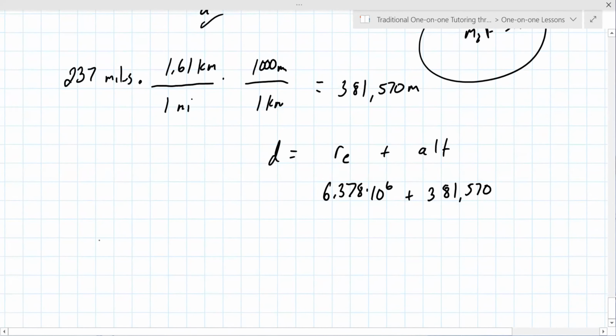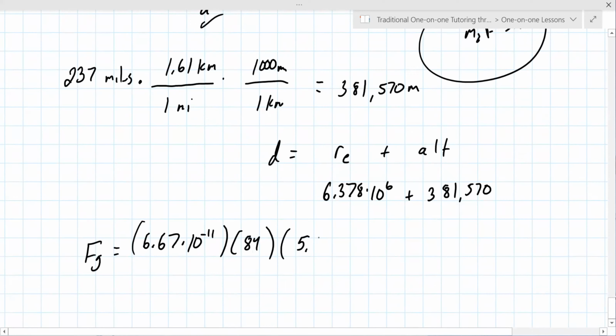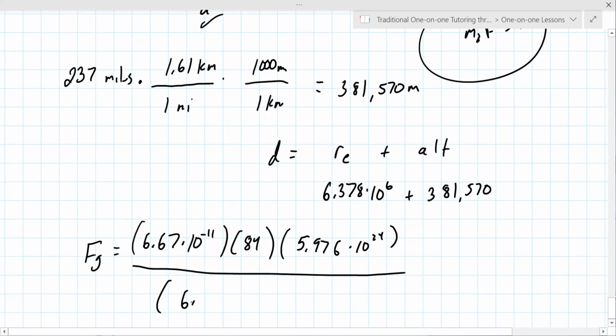We've got F_G equals 6.67 times 10 to the minus 11 times the 84 kilograms of the astronaut times the mass of the Earth, 5.976 times 10 to the 24th, over the distance, which is 6.378 times 10 to the 6th plus the altitude, 381,570, all squared.